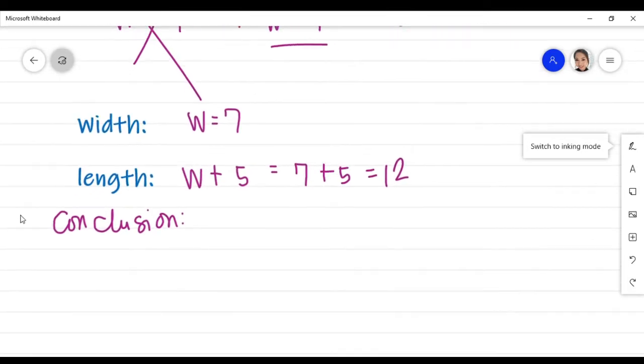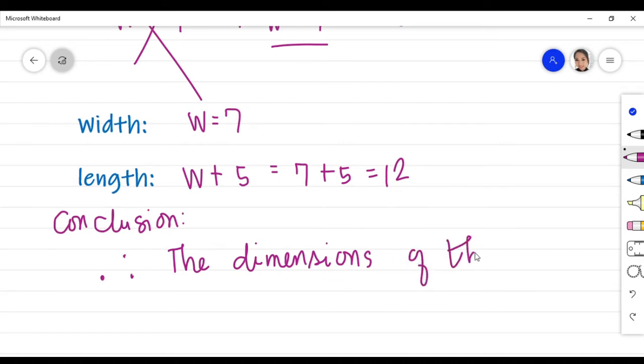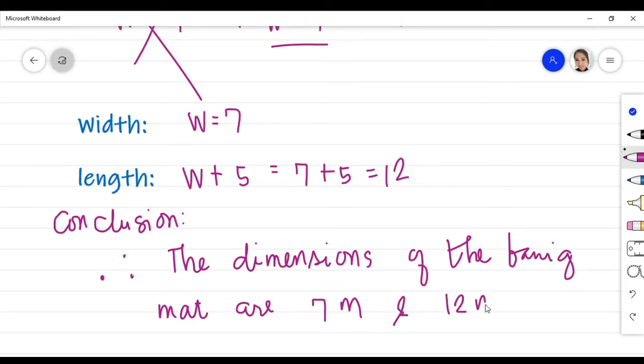So for our conclusion, therefore, the dimensions of the banig mat are 7 meters. Do not forget to write the unit. And 12 meters.